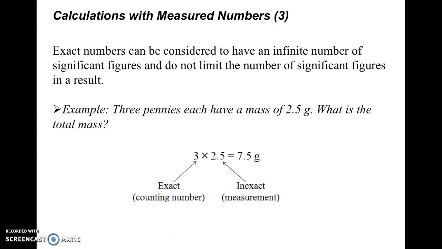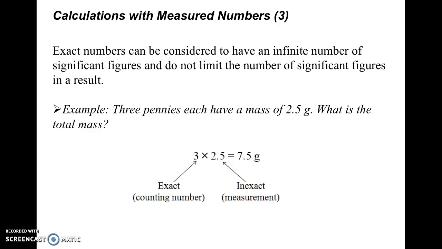All right, so one last question about calculations, and that's if you have a measured number and an exact number. Well, exact numbers are considered to have an infinite number of significant figures, so the number of significant figures in the answer is determined by that measured number. So in this example, you have 3 pennies, so it's a counting number.